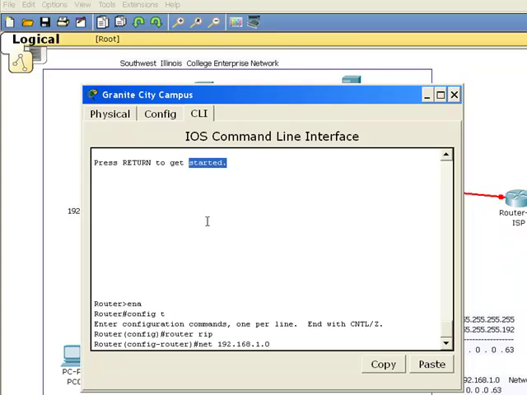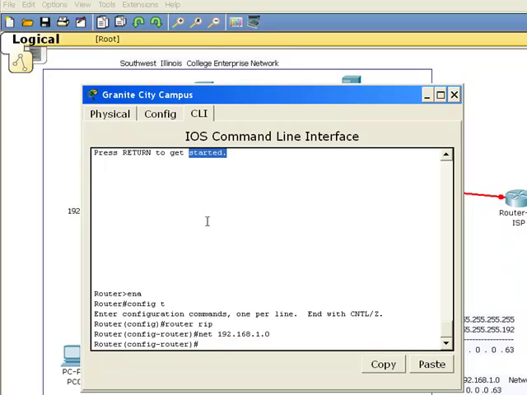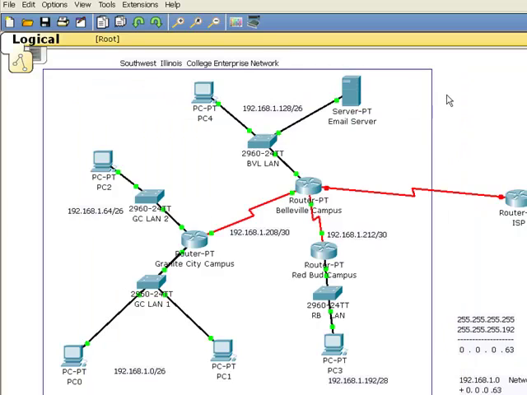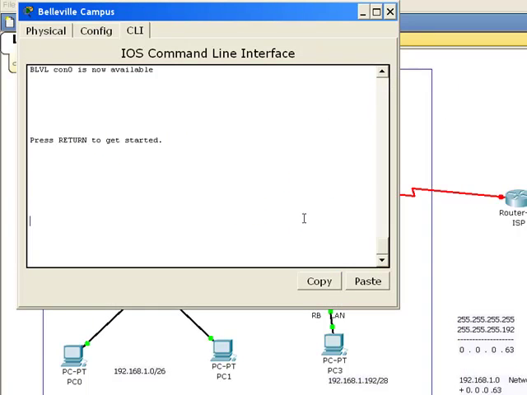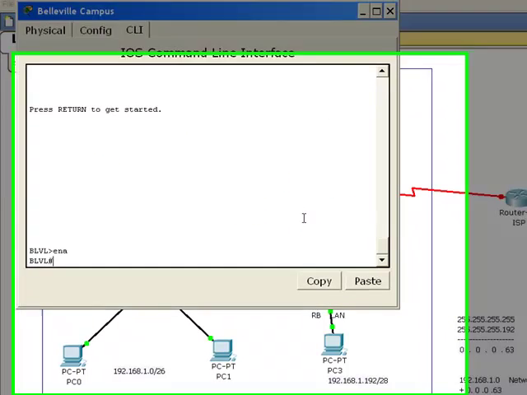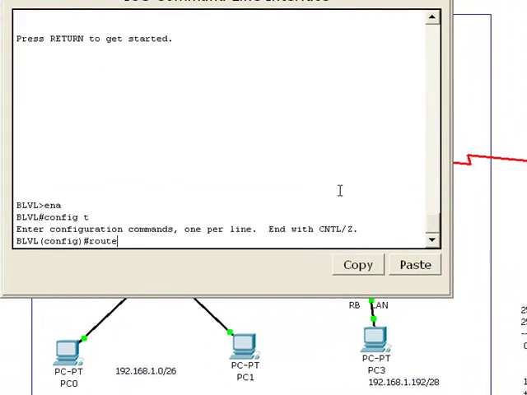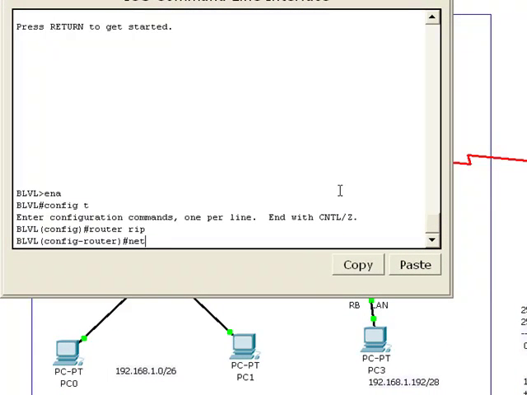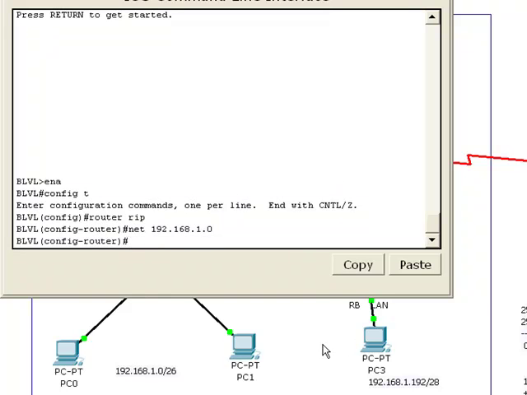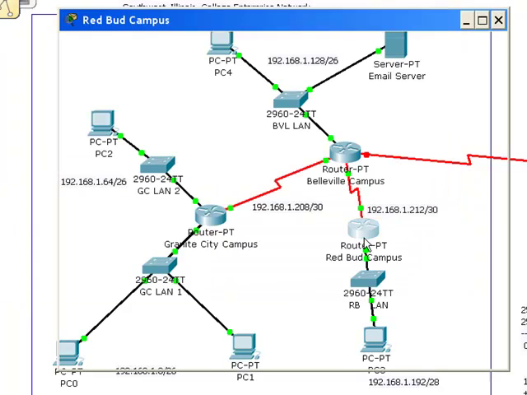And in this case, this one network statement will cover all 3 interfaces. Now we'll go to the Belleville campus and do the same there. Turn on router rip, give it the network, and we'll do the same in Redbud.